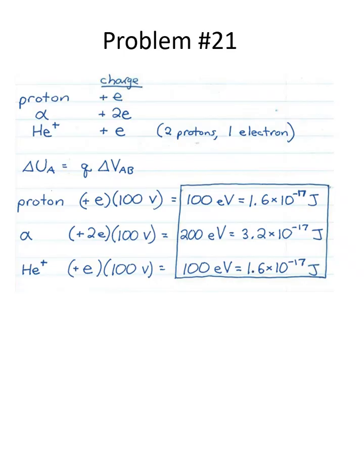For the alpha particle, 2E times 100 volts is 200 eV, or electron volts. And for the helium ion, it's 1E times 100 volts, and that's 100 electron volts. Now I've converted all those to joules, and so you can see those energies in joules.